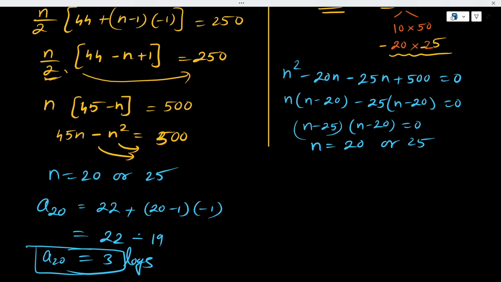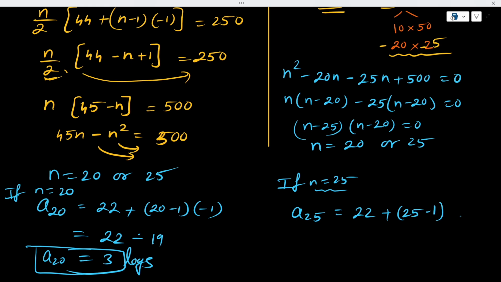Now if n is 25, then a25 will be equal to 22 plus (25 minus 1) times minus 1, using the formula, 22 minus 24, here minus 2 logs.